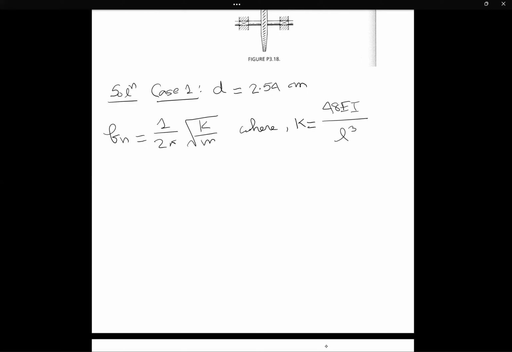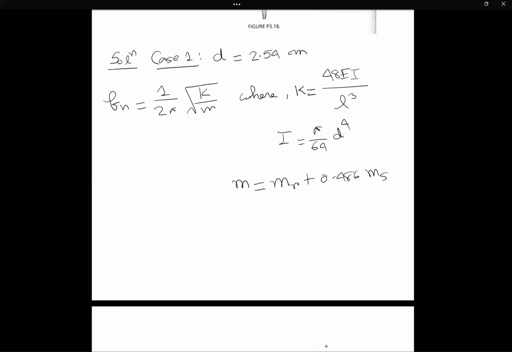We can find I as pi by 64 d to the power 4, where d is the diameter of the shaft, and effective mass of the system would be M rotor plus 0.486 M shaft.